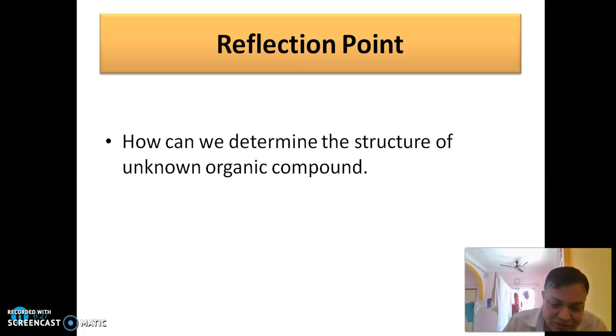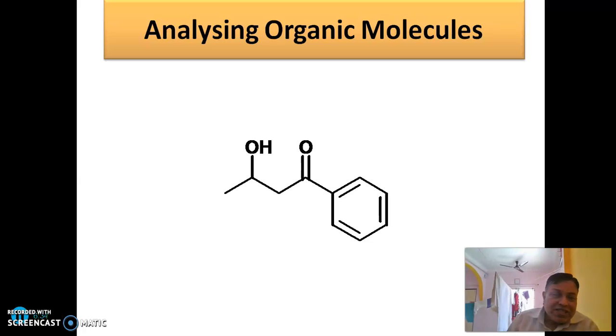the unknown organic compound. Now friends, I am taking one example, that is 2-hydroxy propyl phenyl ketone.